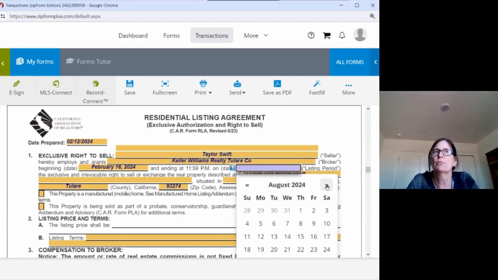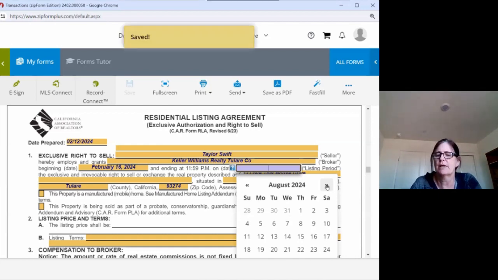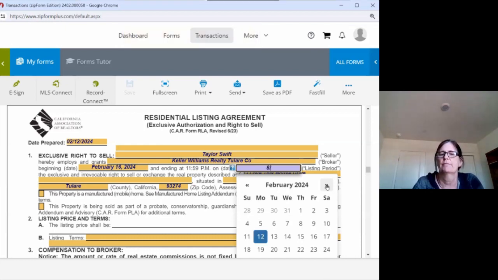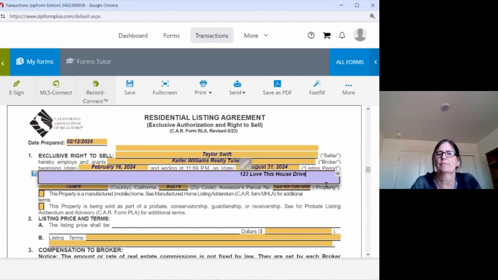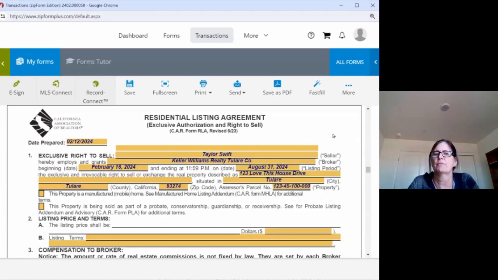But if we get to a point where we've got a lot of listings and maybe they become overpriced and they expire, it's easier to keep track of expiring contracts if they all expire on the very last day of the month. So I always make my agreements end on the last day of the month. That way I only have to remember one day a month to check and see if anything's expiring.